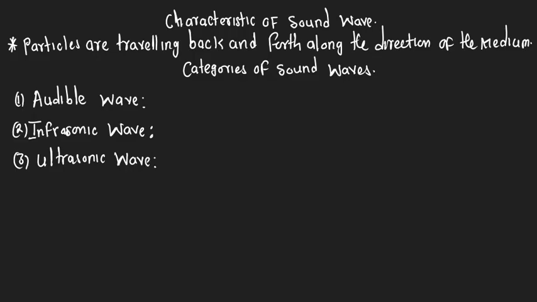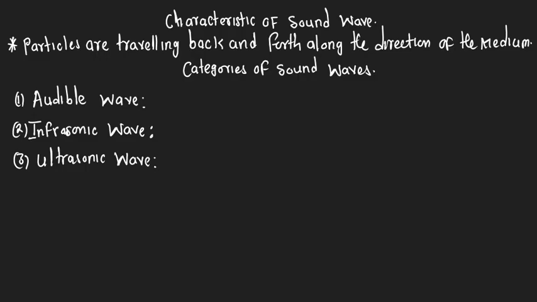Now, what do we mean by audible wave? The audible wave is that wave which is carrying the frequency of sound that is audible to man, which you are able to hear. That frequency is normally called the audible frequency.